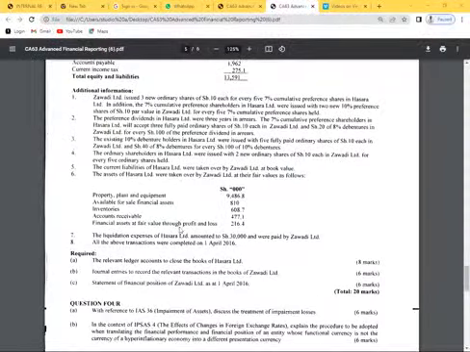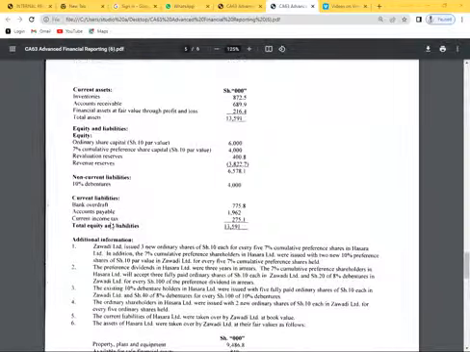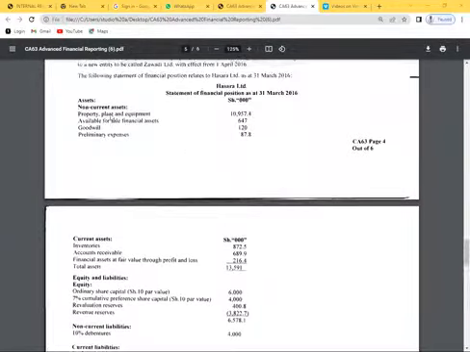You see here we are told the assets of Asara Limited were taken over by Zawadi. These are the assets taken: property, plant, available inventory. So you go to the assets here. Which assets were not taken over? The useless assets.